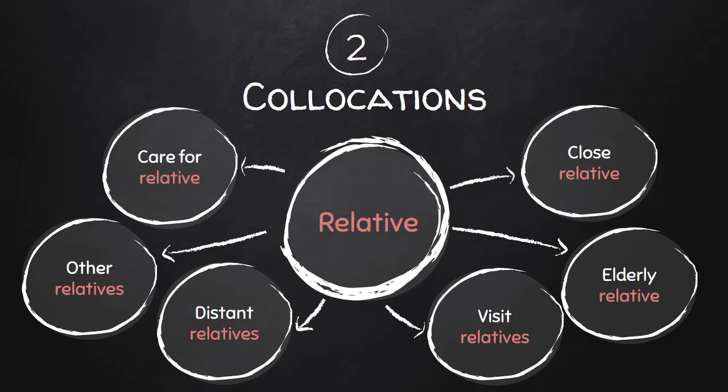Now, close relative is someone that you have a close relationship with that's in your family. Elderly relative, someone who is older and your relative. And finally, visit relatives. Now, this is a common collocation. It's common to say, next year, I'm going to visit my relatives in Europe, or something like that.